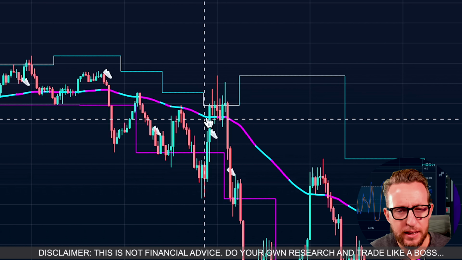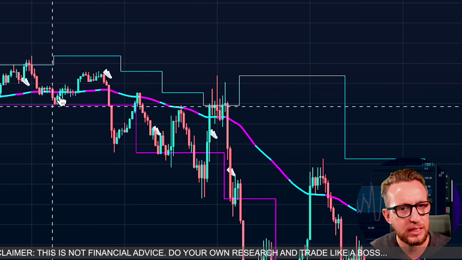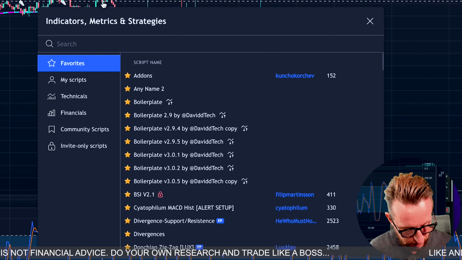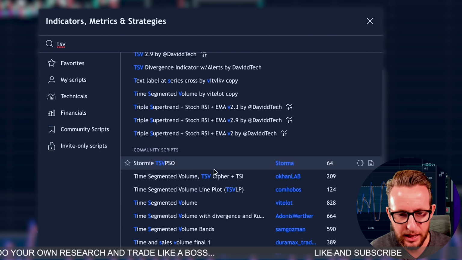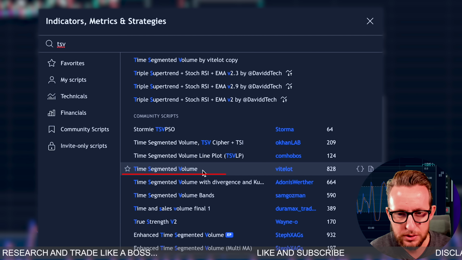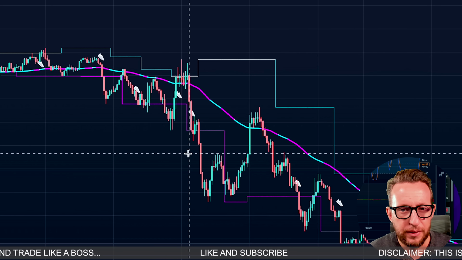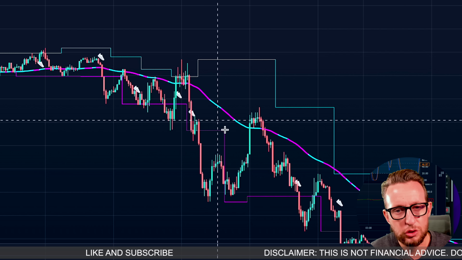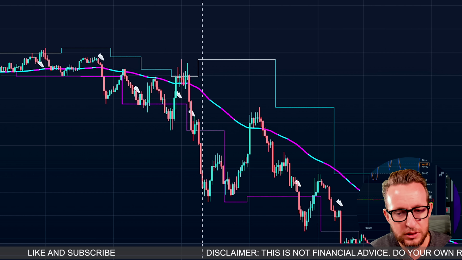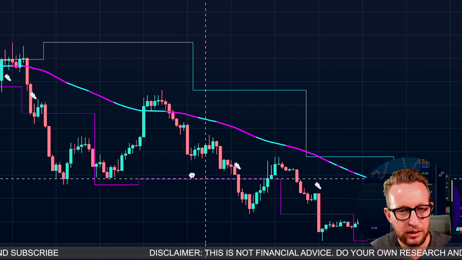We also have pink and blue lines here. That actually comes from the TSV, the time segmented volume, I believe it is. Yes, this one here. I actually used this one just here. Now, with these pink and blue lines, when pink we're looking for shorts, when blue we're looking for longs, so it's a bit of a confluence, if you will.